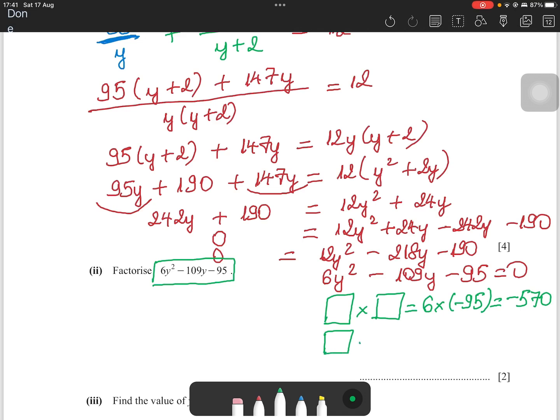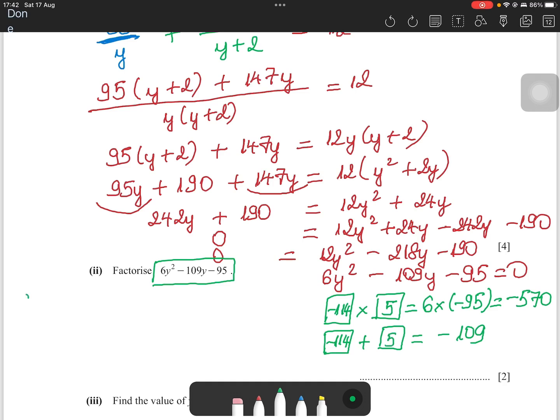And these two numbers must add up to the middle coefficient, which is negative 109. You can use your calculator to help you with this. And those two numbers are negative 114 and 5. Their product is negative 570. And when you add them up, you will get negative 109.